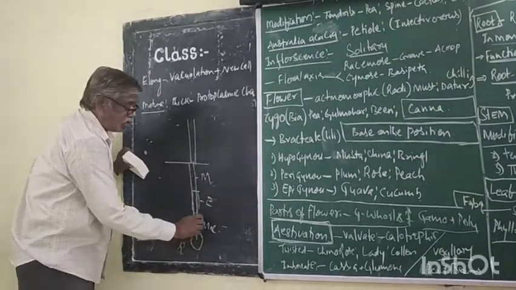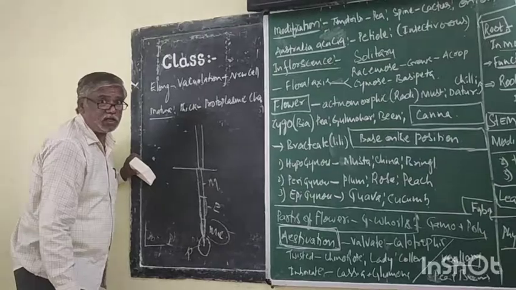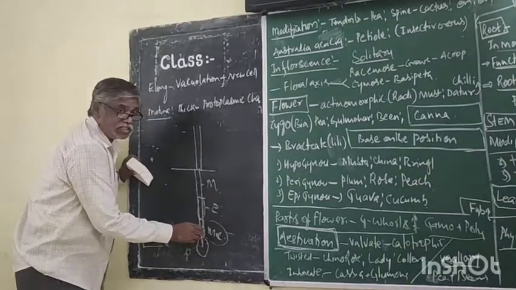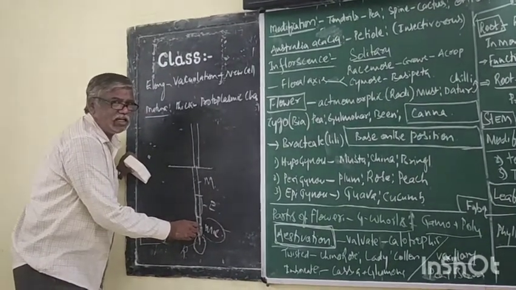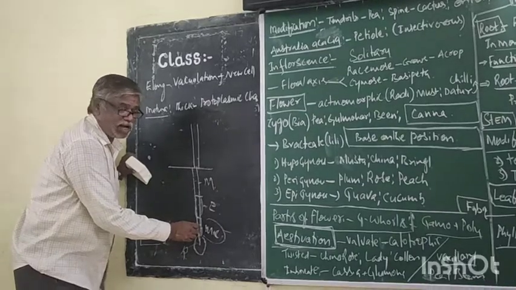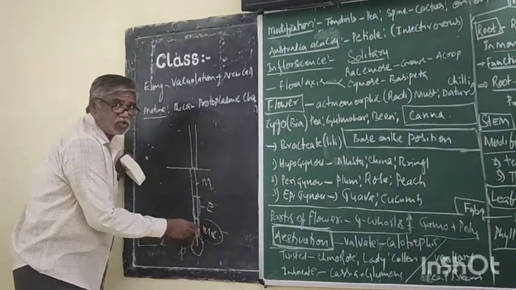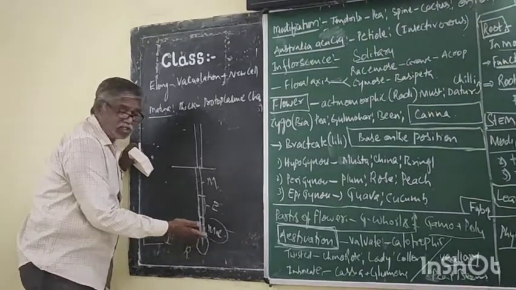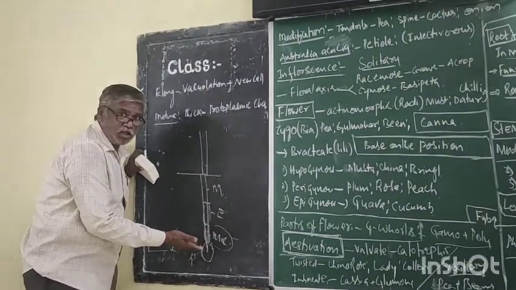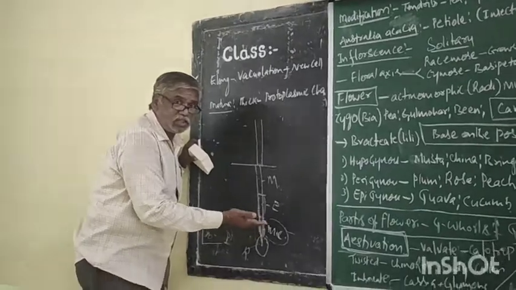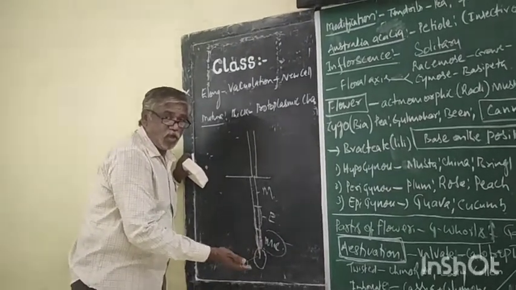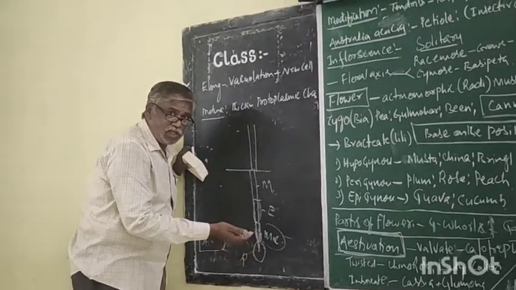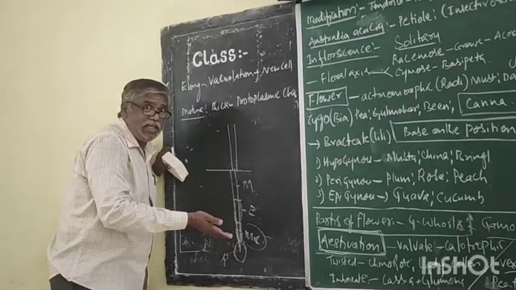Among these three regions, what is the first region? Meristematic. That means here the cells are always dividing, hence it is called meristematic. Due to the presence of meristematic cells, the cells undergo division. When division takes place, the number of cells increases.